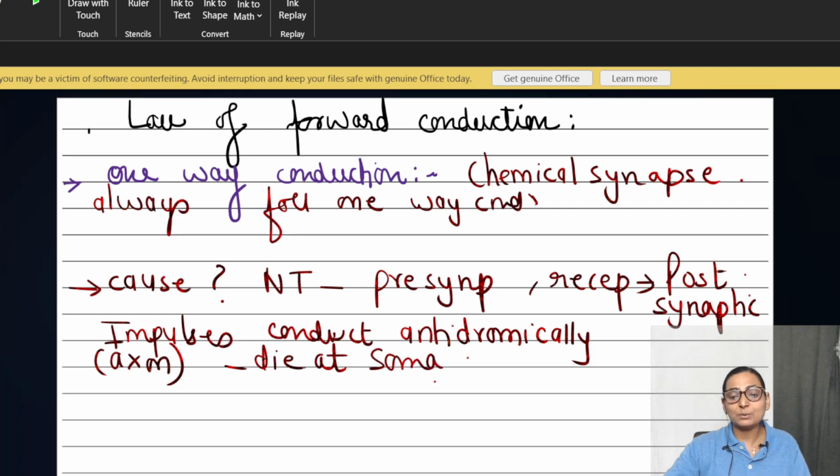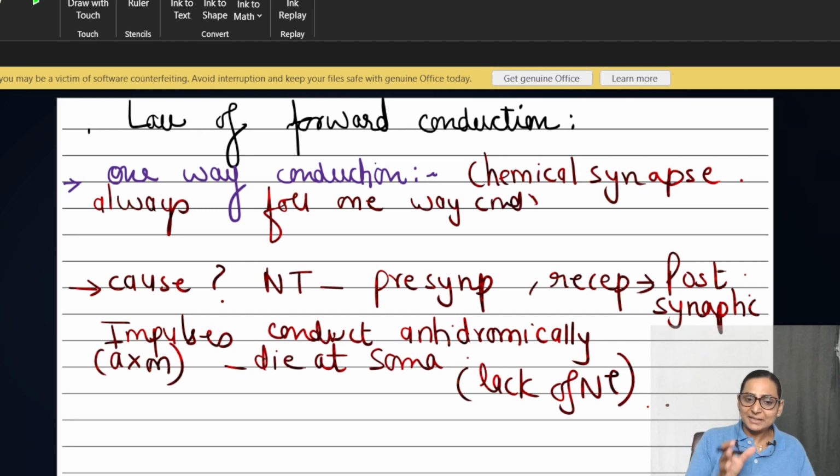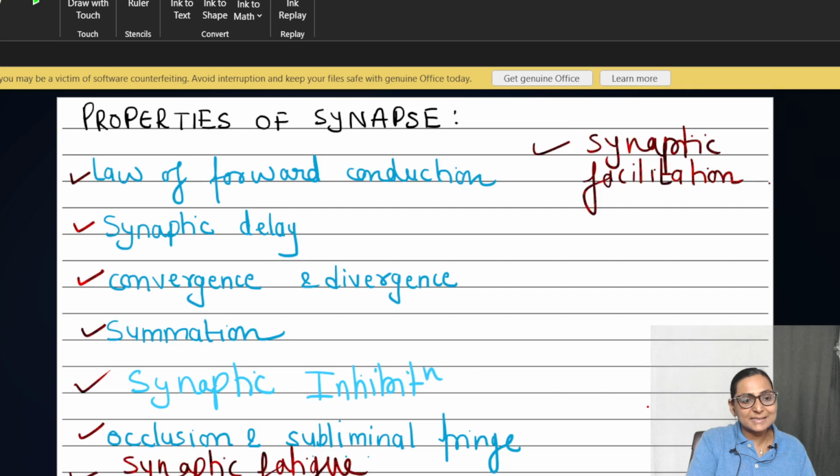What is the reason why they will die out on the soma? Because there is lack of the neurotransmitter substance there. So this is a very good phenomenon, that even if the impulses try to go back towards the presynaptic terminal, they will never be conducted, they will die out because of the lack of the neurotransmitter substance.